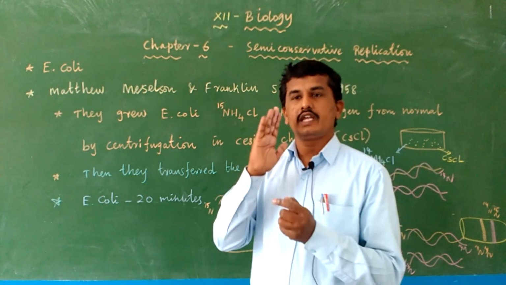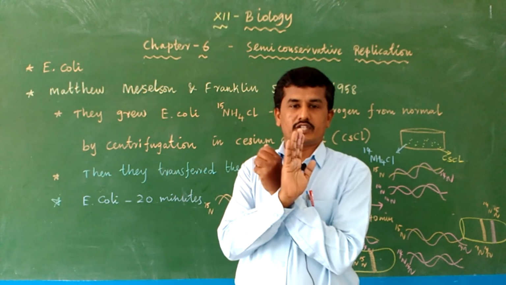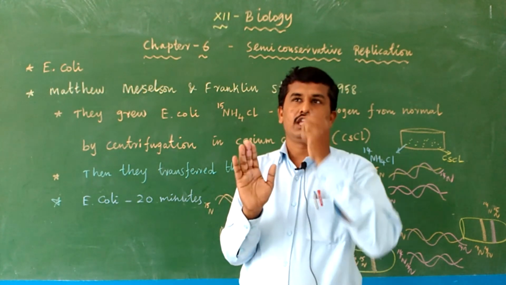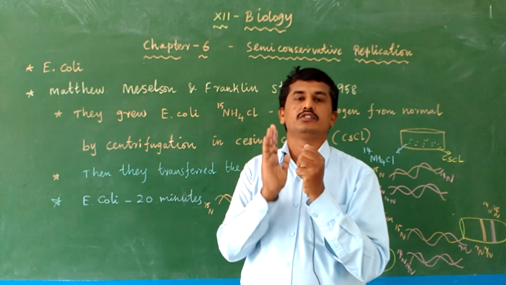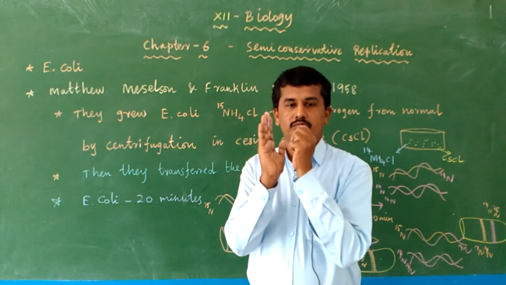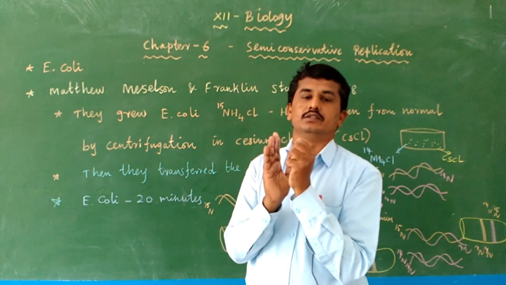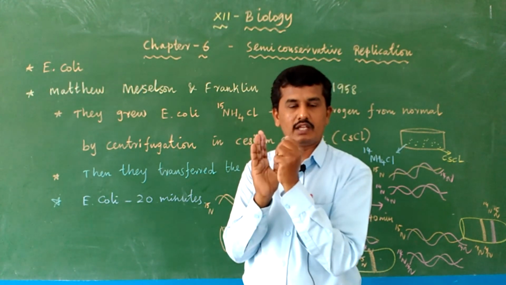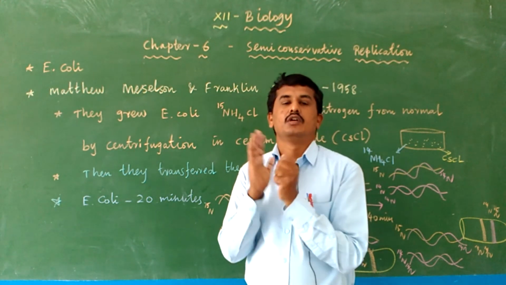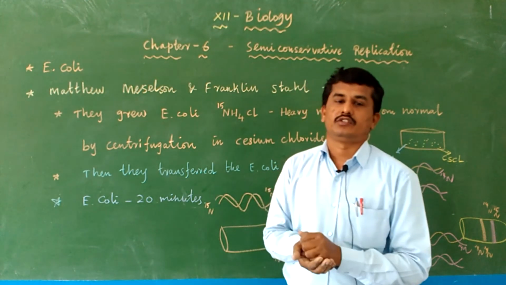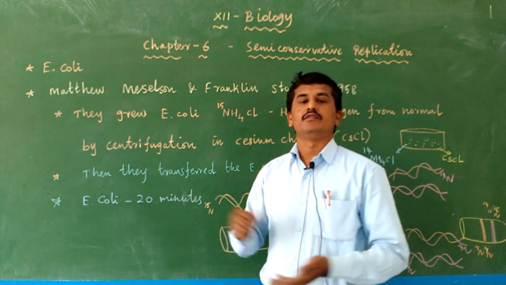Semi-conservative means, if for example one cell contains a two-helical structure, one helix is from the parent cell and one helix is a newly synthesized strand. So half of the DNA is conserved and half of the DNA is newly synthesized. So this method is the semi-conservative method of replication.